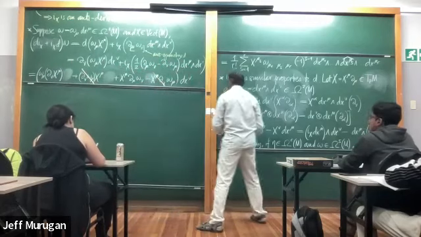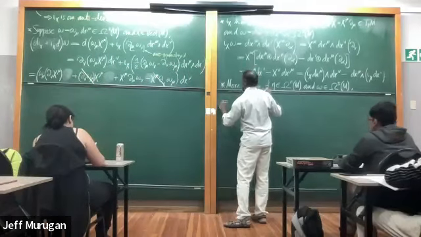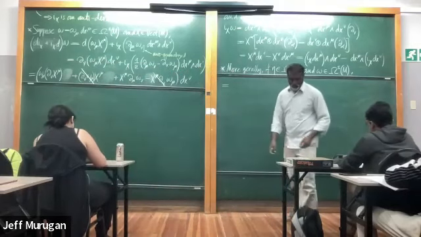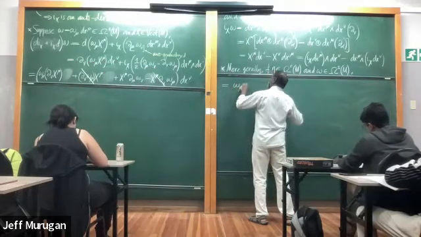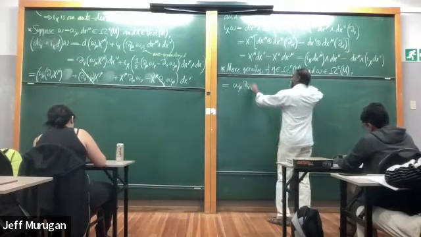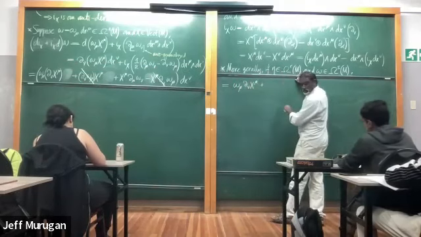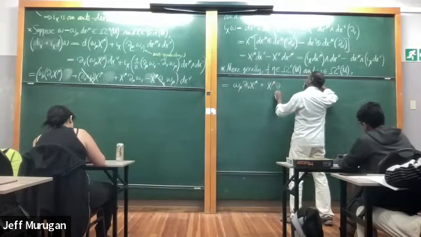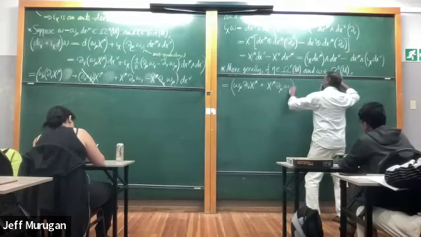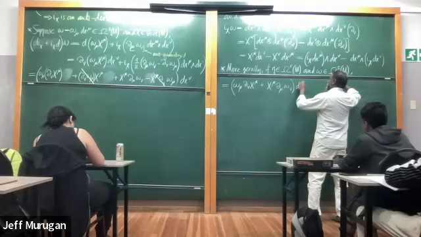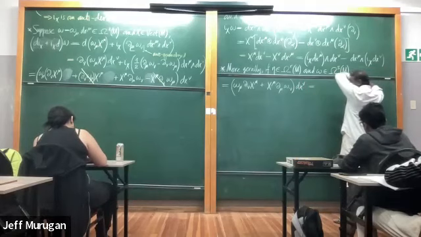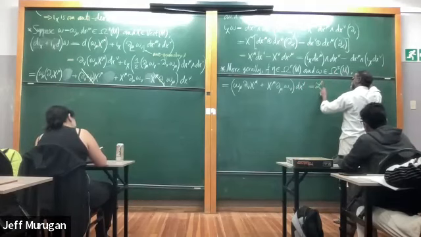This leaves me with omega mu d nu x mu dx mu plus x mu d mu omega mu dx mu, which, go back to your notes on the algebra of the d derivative.